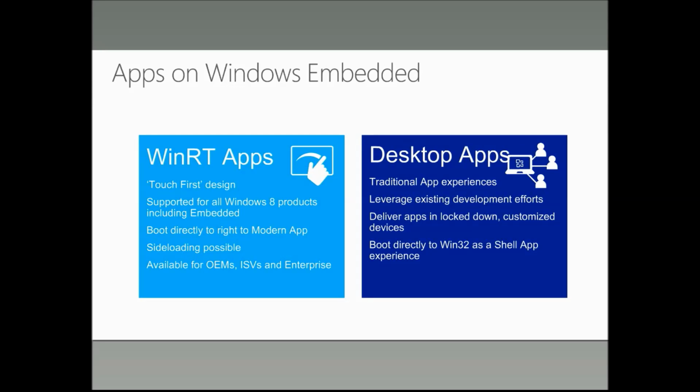Win32 desktop apps, normal legacy Windows apps, will run on Windows 8 pretty much the same way they run on Windows 7. There's very little forward incompatibility. Actually, there's none that I know of. I'm sure that, as an engineer, I'm never sure of myself, but I've not seen a Windows 7 app not running on Windows 8 yet in a desktop environment.